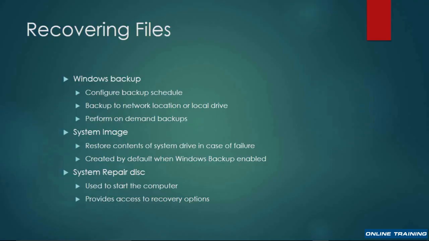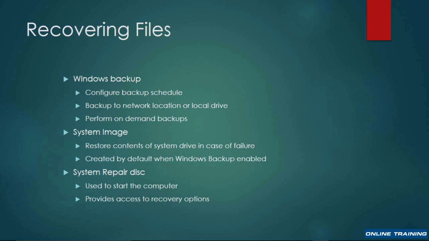Well, resetting the PC actually takes you back to the day that you started the PC for the first time. And so that's not really a backup. That's more of just a recovery tool. So the system image is going to have the entire contents of the system partition, and that's going to include data.